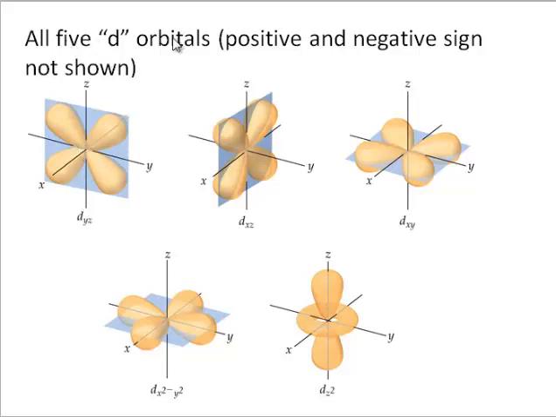These d orbitals have 4 lobes. Here's one with 2 lobes and a sort of a torus of probability around it. Note there are 5 of them because d means L equals 2, and there are 5 m sub L values: -2, -1, 0, 1, 2. Therefore 5 orbitals in the d subshell.